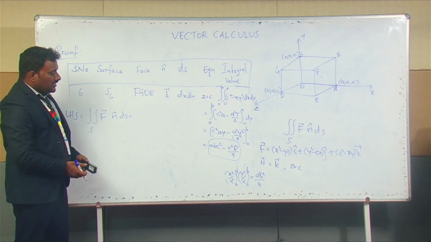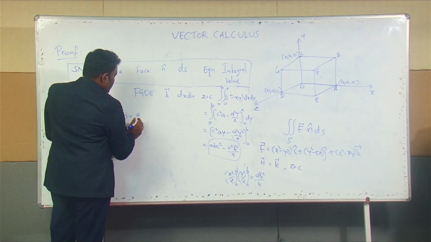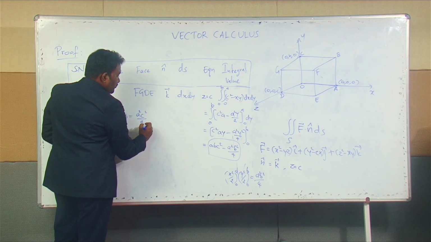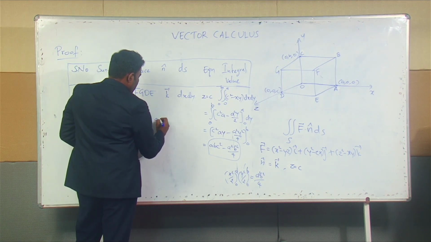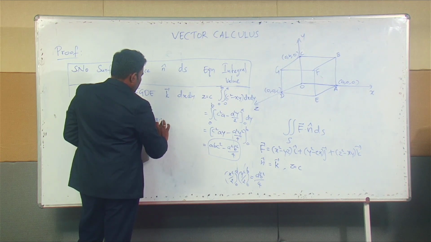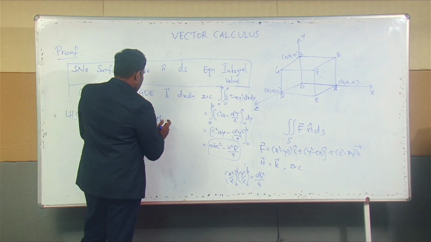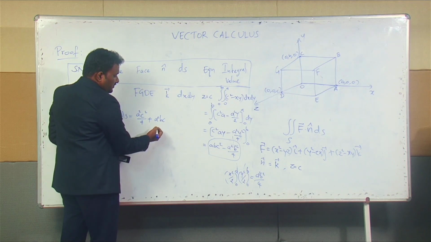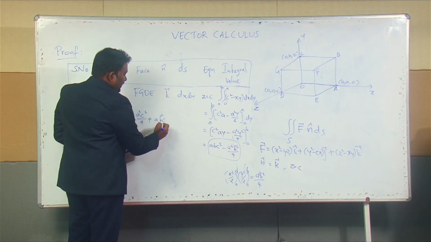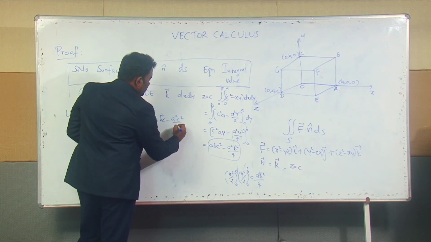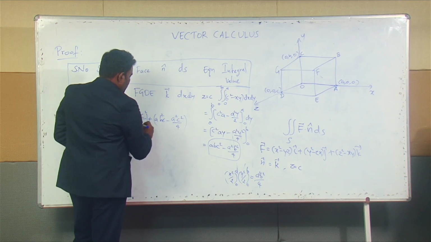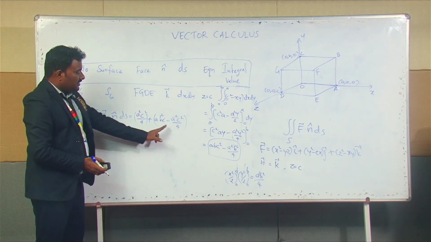For the first surface we have got the value a squared c squared by 4, and for the second surface we have taken this value: a b squared c minus a squared c squared by 4. These are the answers for the first surface and the second surface.